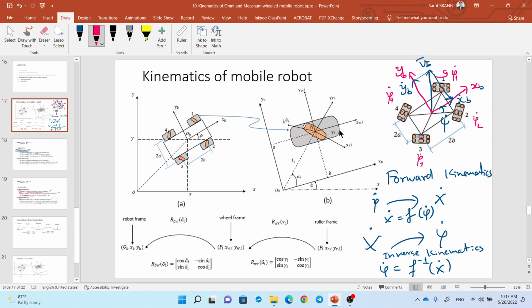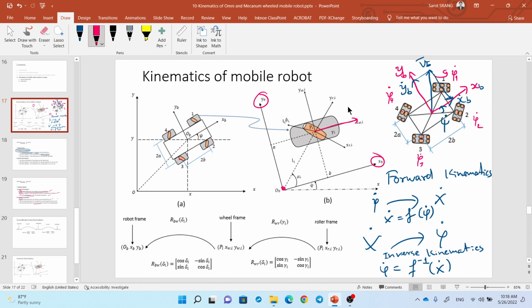So first we need to choose the frame for all the wheels. Now we already have body frame for the robot. The center of the robot is here, and then we attach a wheel frame. So this one is wheel frame, which is aligned with the motion of rotation.